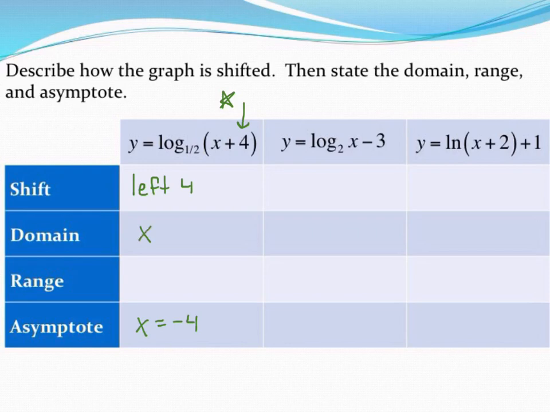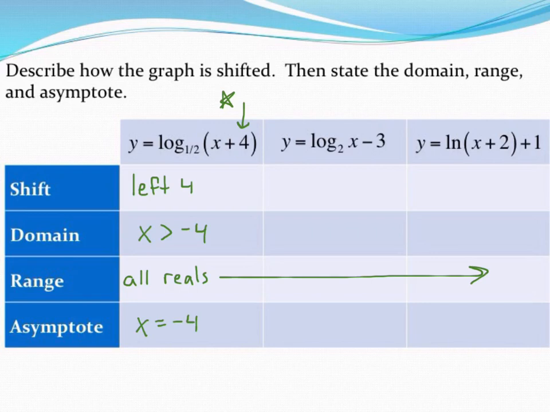Similarly, my domain is now going to be x has to be a number bigger than -4. You can't do the log of something negative, so if you tried to plug in a number smaller than -4, you'd have a negative number in parentheses, and try it on your calculator. You can't do the log of something negative or 0. And then of course our range is going to be all reals. That's never going to change for a logarithmic graph. In fact, if you want to be really lazy, just go ahead and extend that all the way across the chart. All of these ranges are going to be all reals.